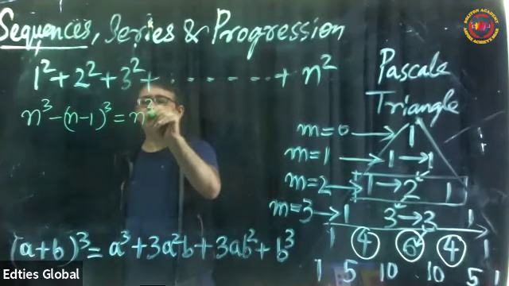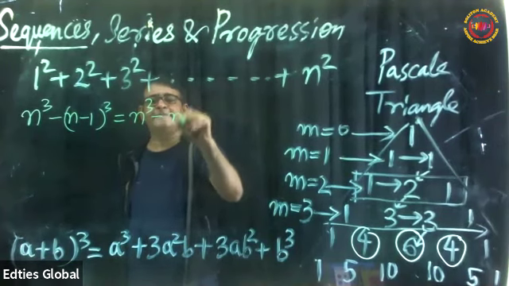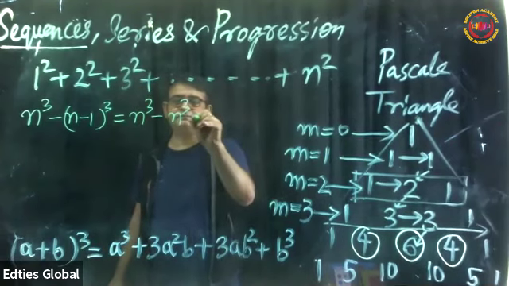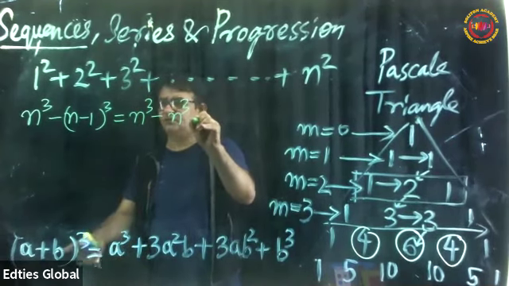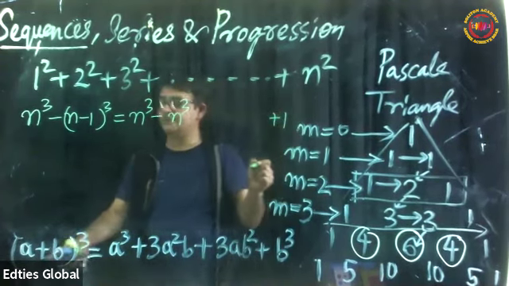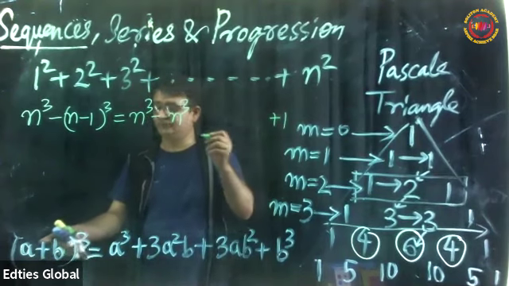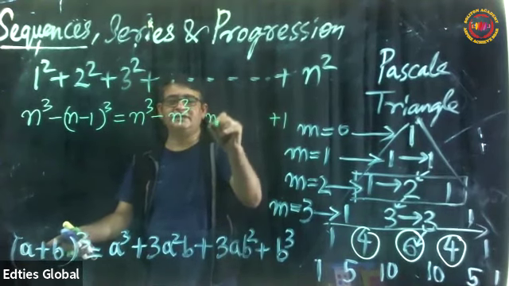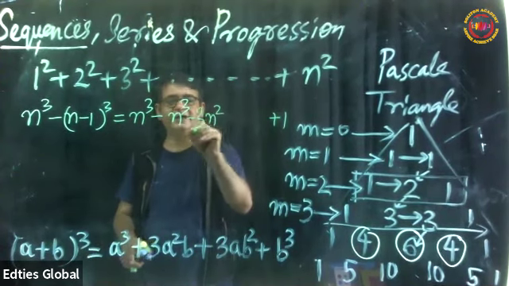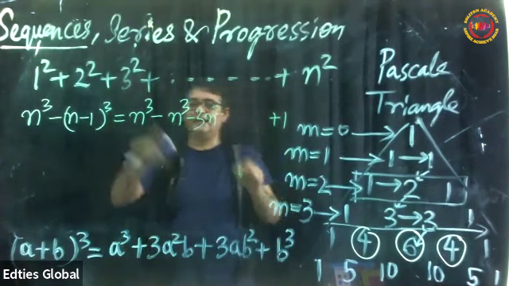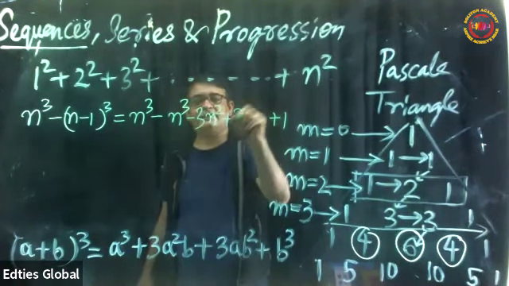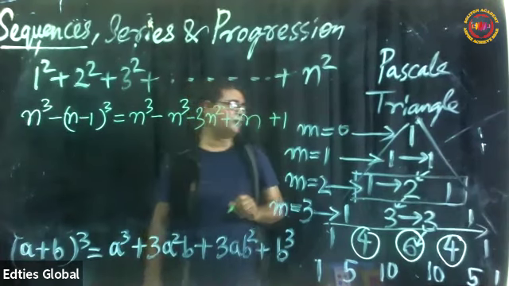This is n cube minus n cube, it is minus, so it will become plus 1, and this is n square minus 3, and later we will have plus 3n.